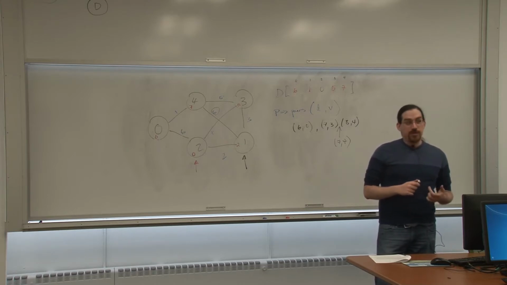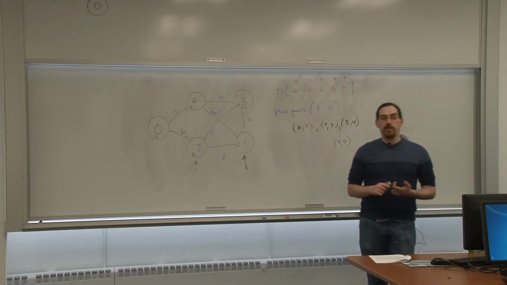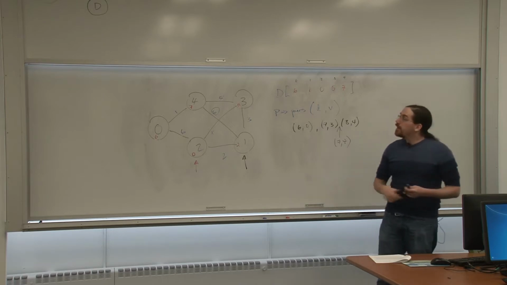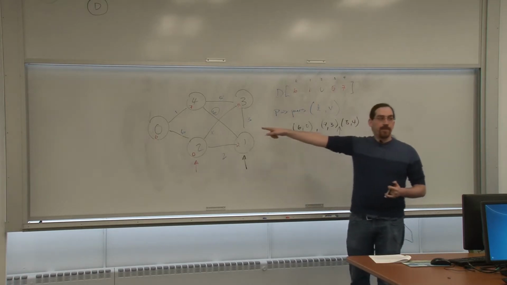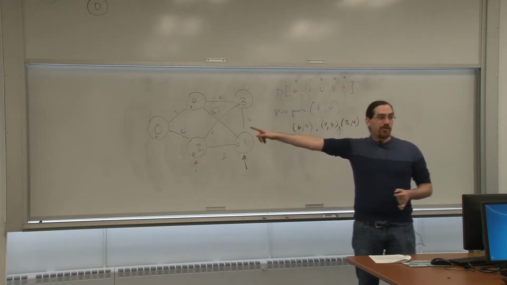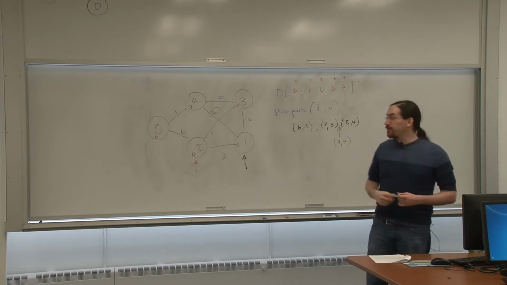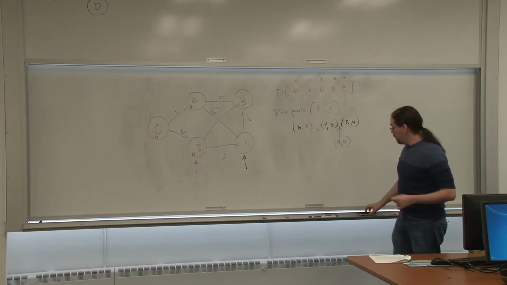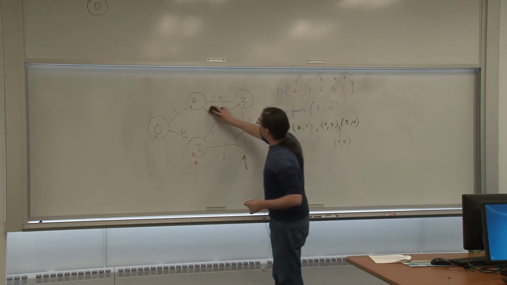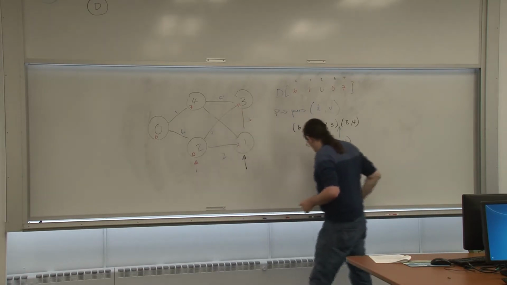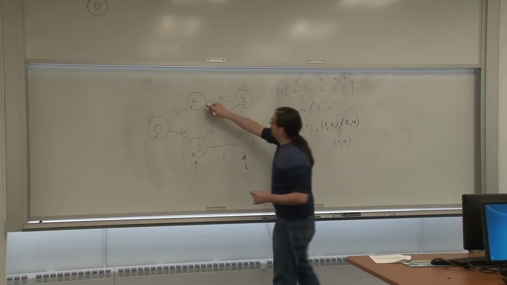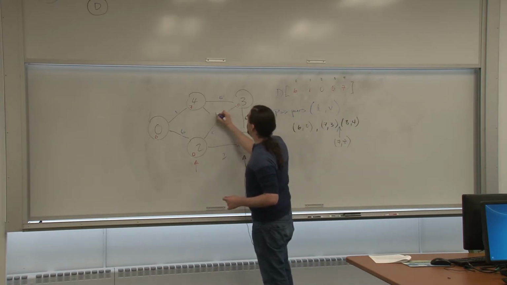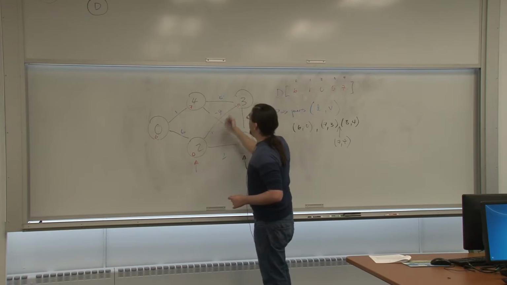The case where you do need to be really careful with shortest path algorithms is if you have negative weights. Negative weights can screw up your algorithm. And in particular, if you have a negative weight cycle, you can have some really weird problems. So suppose that this edge from 4 to 1 was -9.